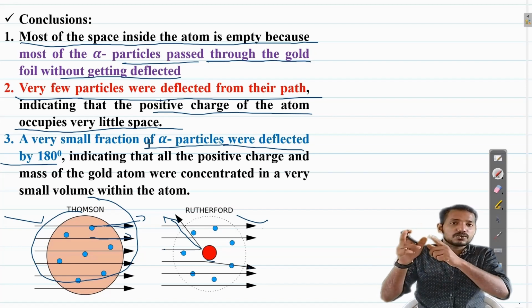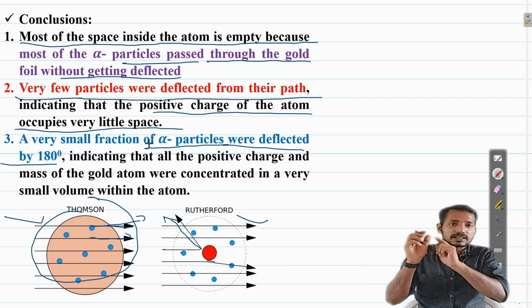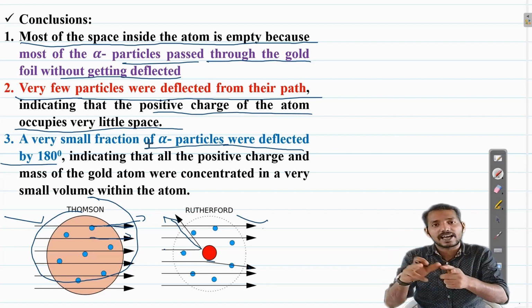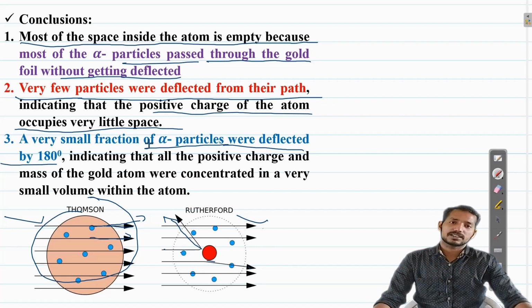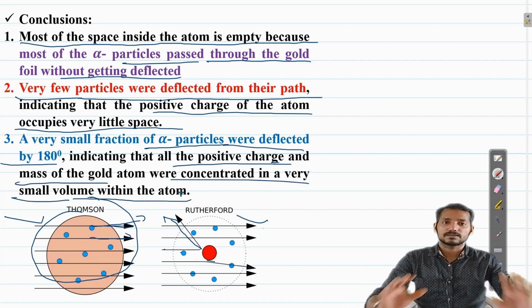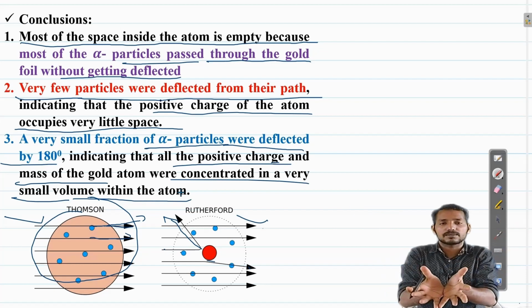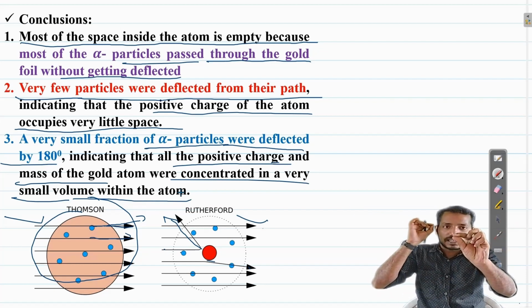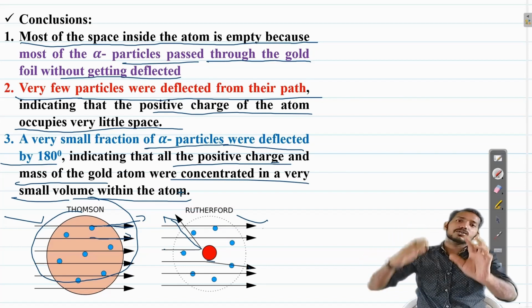But the region where these few particles hit has a mass much greater than the mass of the alpha particle. This means the mass and the positive charge of the gold atom are concentrated in a very small volume within the atom. So the whole mass of the atom is concentrated in a small region, and if an alpha particle hits that region, it will rebound.